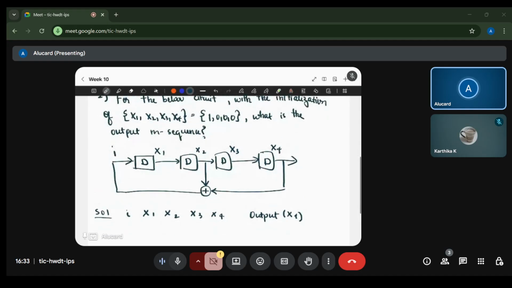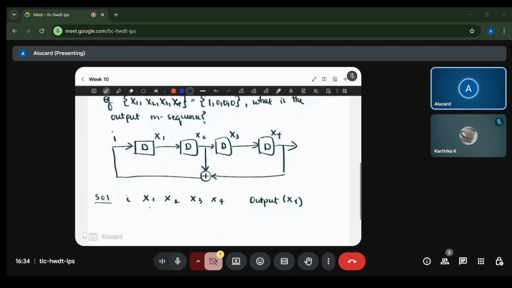Initially, you are initializing x1, x2, x3, x4 to 1, 0, 0, 0. When a clock pulse arrives, these are delay elements, so as you must have seen in digital circuits, they're synchronized.